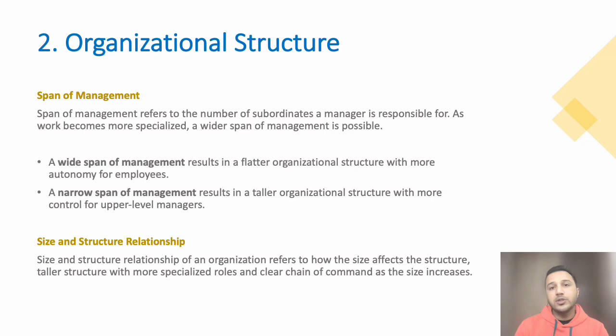With a lot of hierarchy, the number of individuals reporting to each line manager will decrease. So this is a distinction, and based on the structure of the organization we have to see which way is better, whether a narrow or a wide span of management.